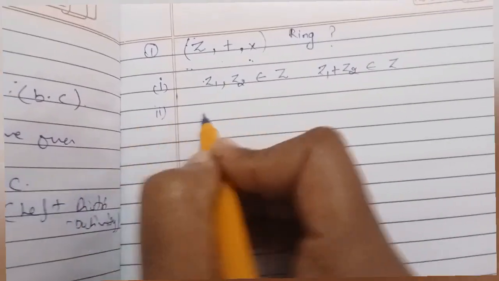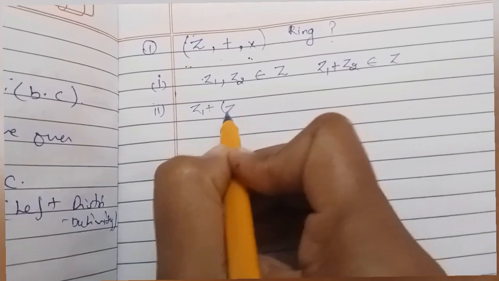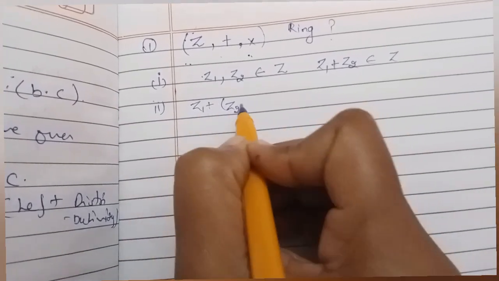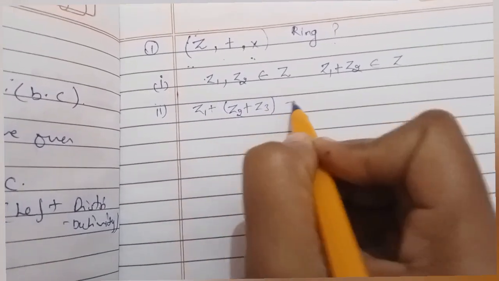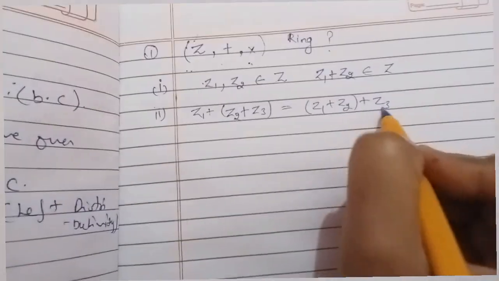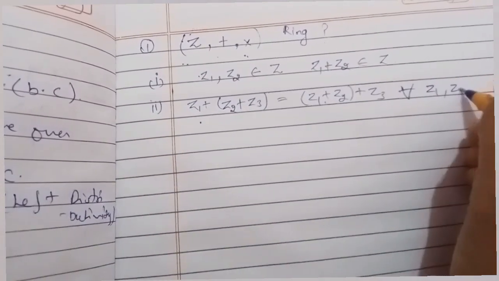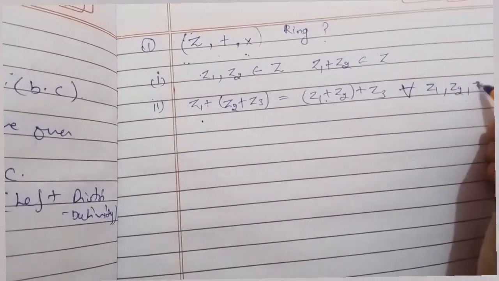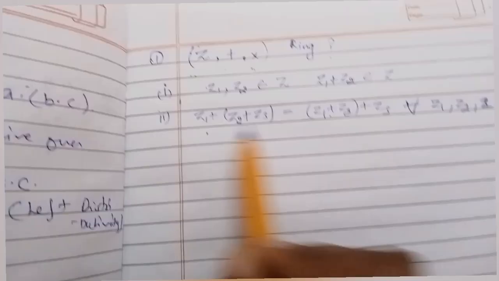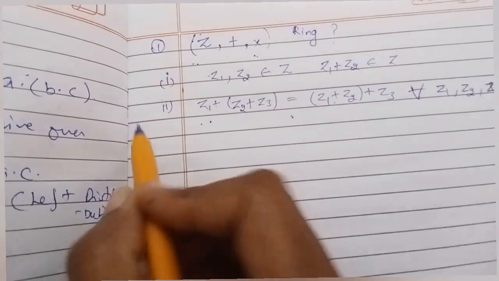Second property, addition is associative, that means z1 plus z2 plus z3 equals z1 plus z2 plus z3 grouped either way. Yes, for all z1, z2 and z3, addition is associative in this case.